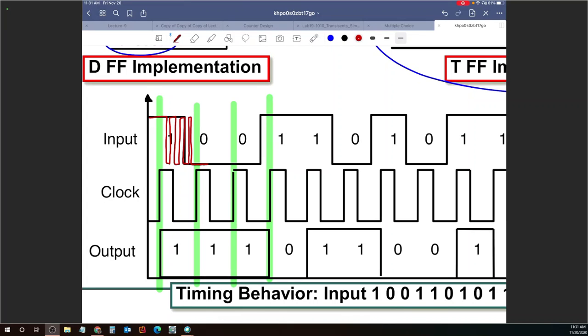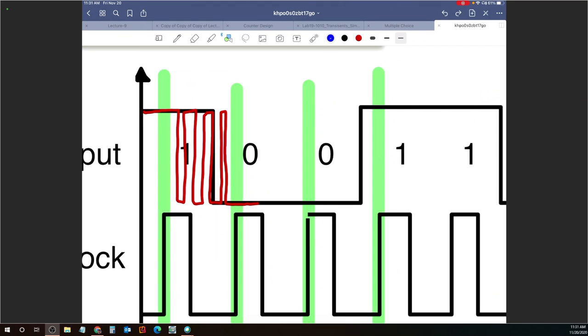No. Over here it is a 1, and over here it is still a 0, just as it was earlier.